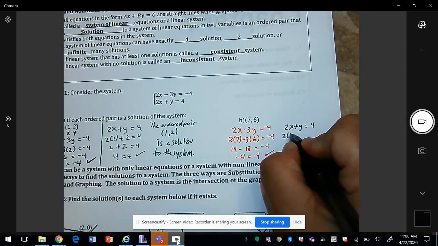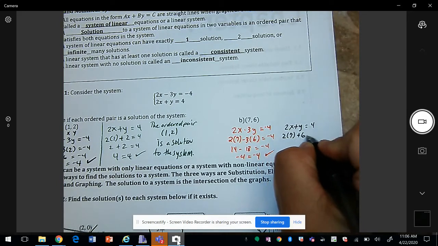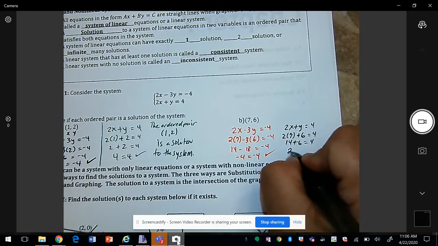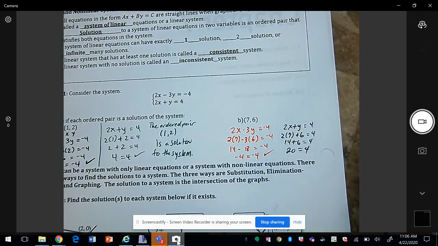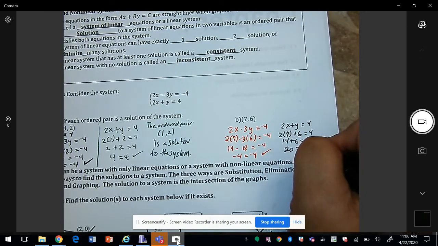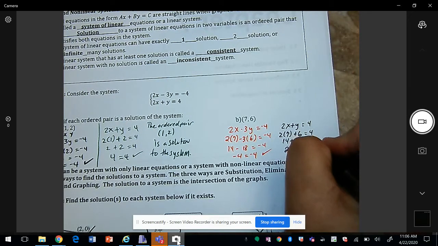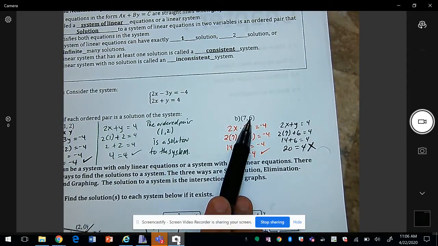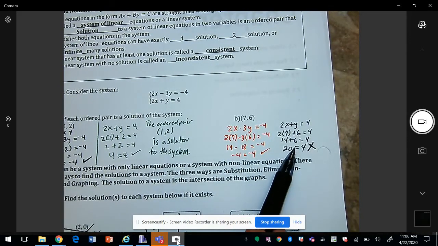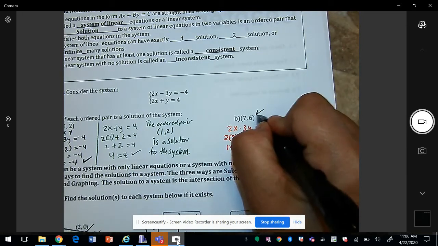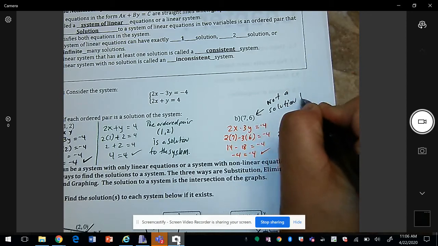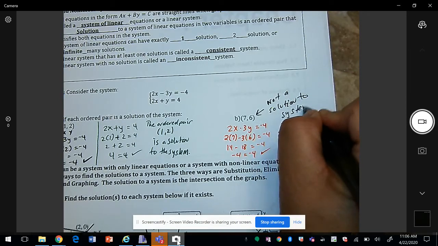Replace x with 7 and y with 6. So we get 20 is equal to 4, and that is not true. Okay. So this ordered pair only works for the first equation, but not the second. So we say that this ordered pair is not a solution to the system.